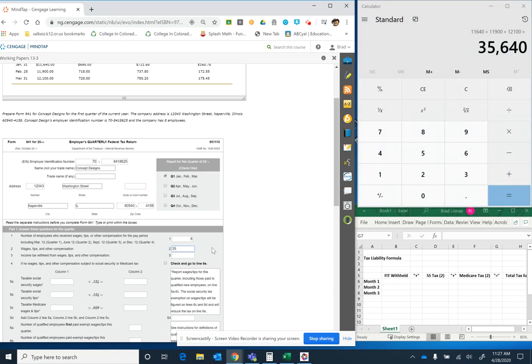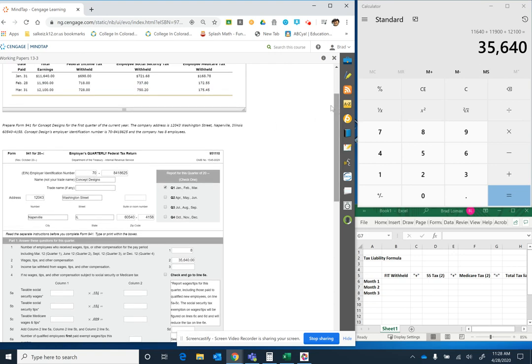So that's $35,640. Again, we're reporting to the federal government how much money we made on our Form 941. The next thing we've got is income tax withheld from wages, tips, and other compensations. So what we're going to do is add up our federal income tax, or FIT, withheld during this month.